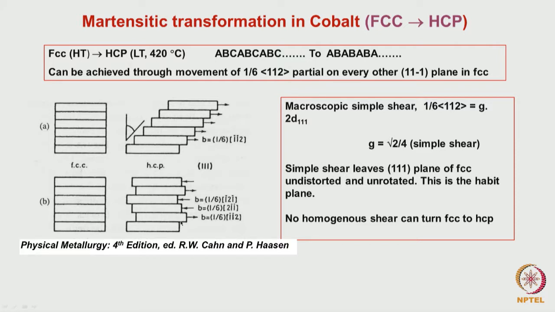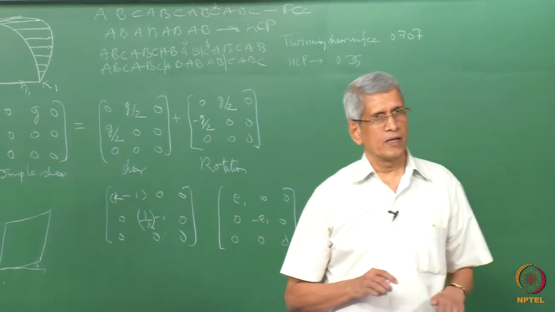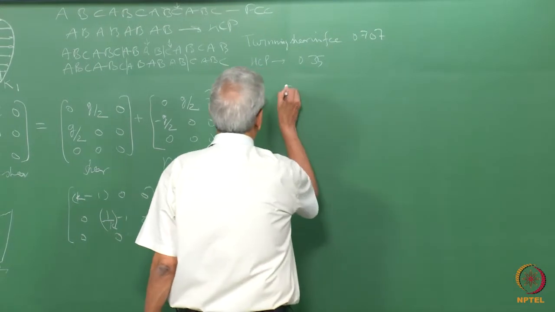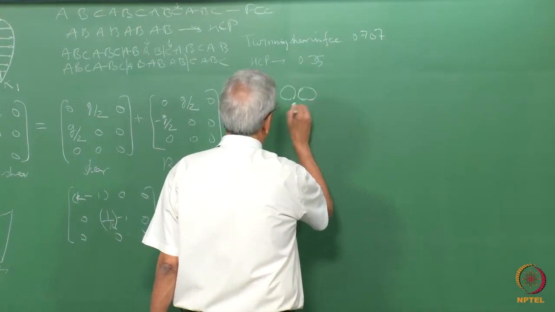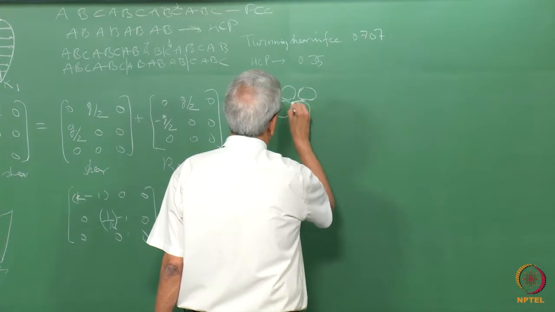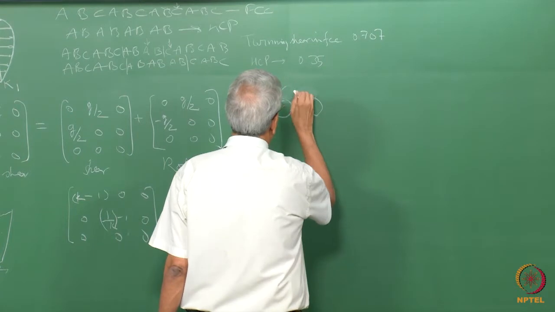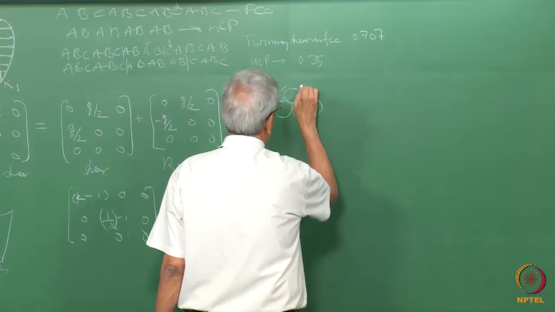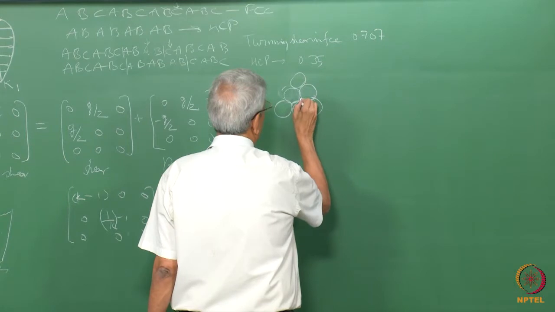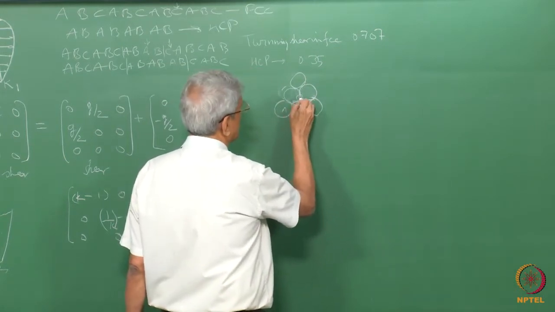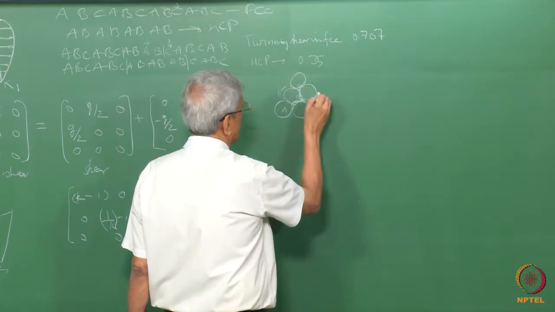we have studied earlier that whenever atomic movement takes place in a hexagonal close-packed plane, let us consider a two-dimensional hexagonal lattice. If this is an A position, this is a B position, this is a C position.